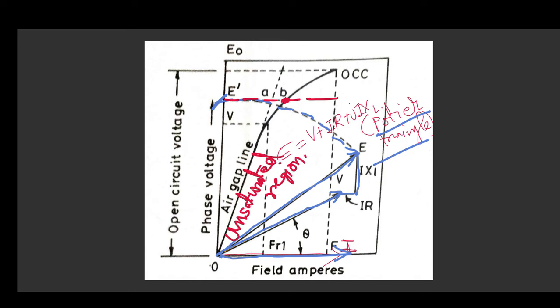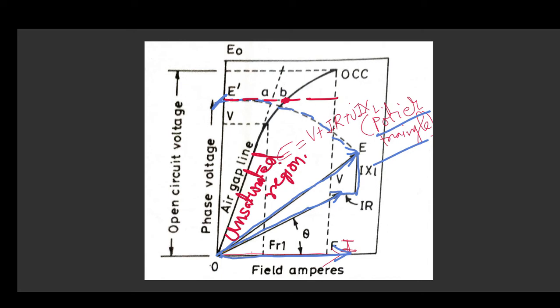Basically, the error is high for both MMF and EMF methods, because EMF does calculation based on the unsaturated graph and MMF does calculation based on the saturated graph. So here we are trying to obtain an average slope.